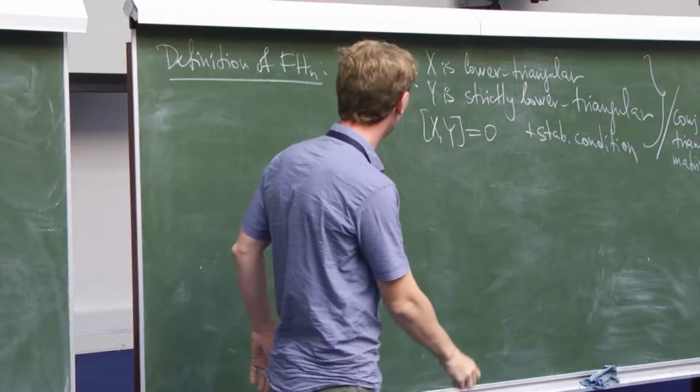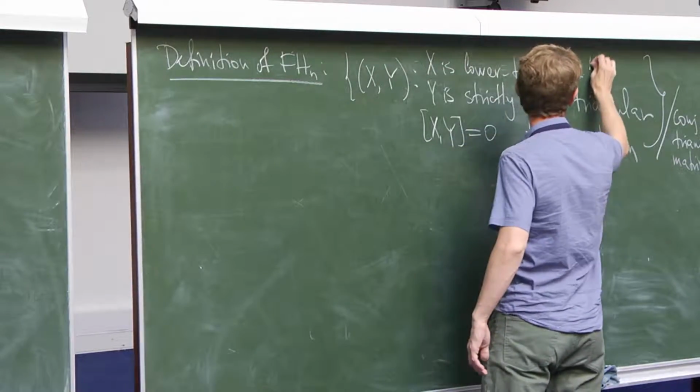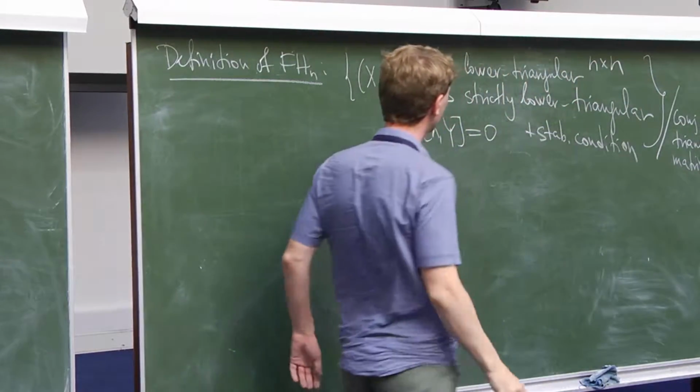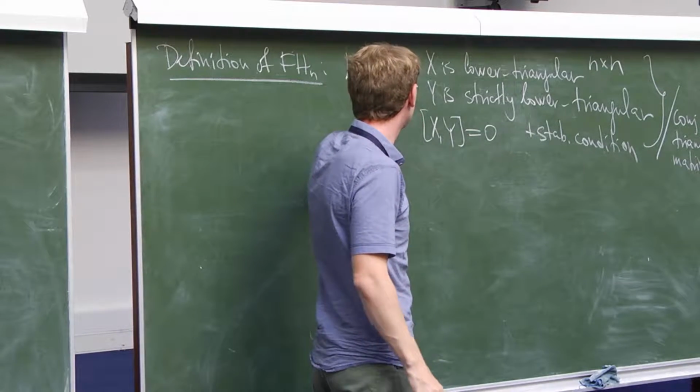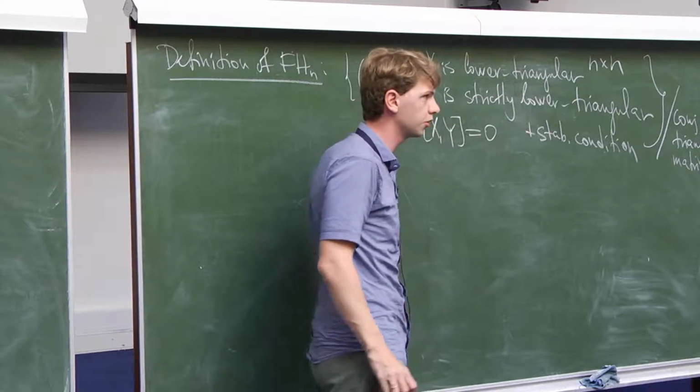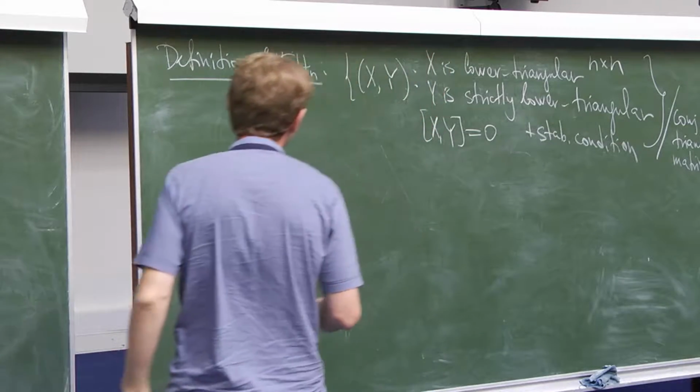And n by n matrices. I don't want to say what the stability condition is, but essentially this is just a set of pairs of commuting matrices after conjugation, but we require them to be triangular.